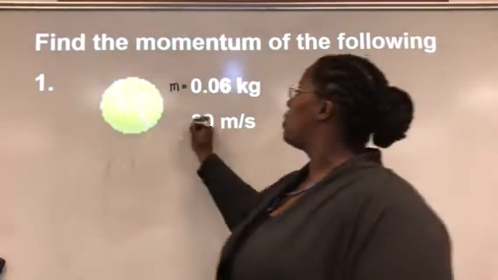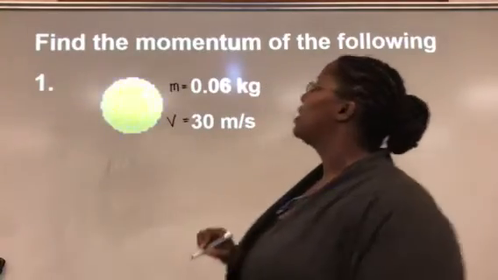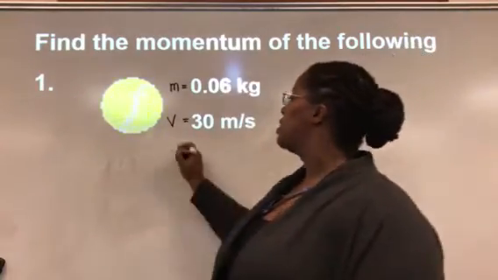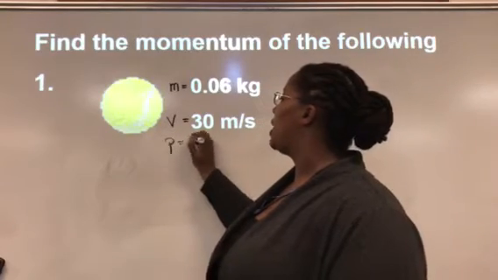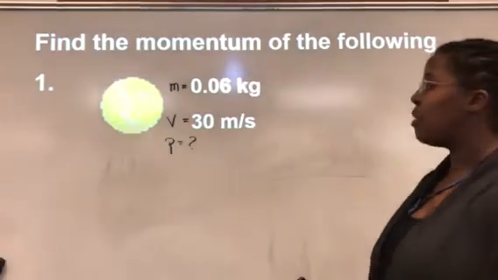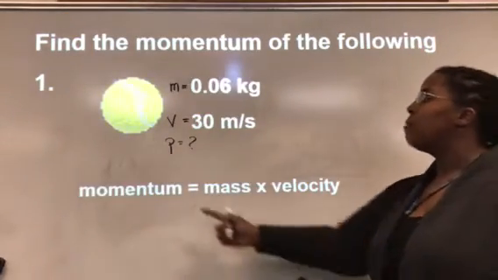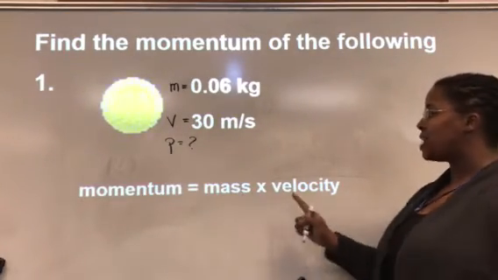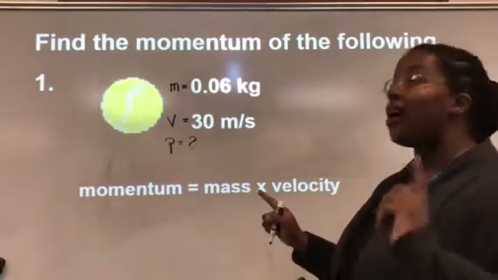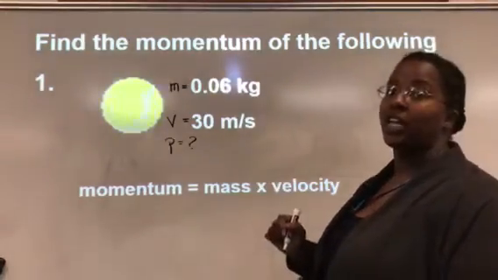Well, we just learned that our equation includes velocity. And they want you to find the momentum for each of these. So p would be my unknown. If you think about it, what would be your equation to solve this problem? Momentum equals mass times velocity. Go to step 4 of the GUESS method. Are there any units that we need to change?